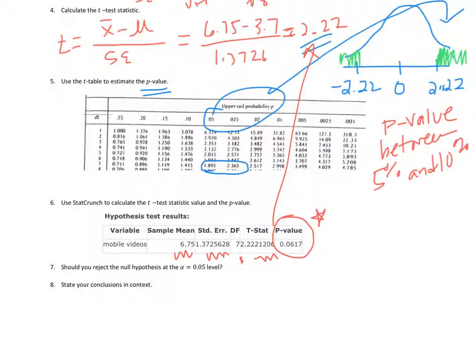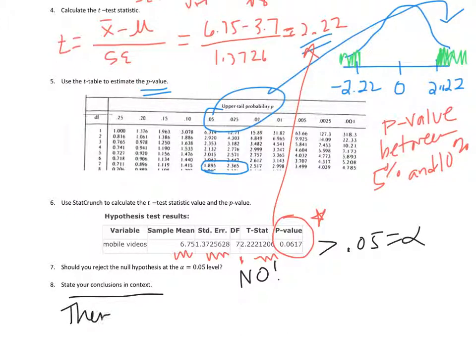Now we just want to state our conclusions. Should we reject the null hypothesis at the 5% level? Absolutely not. Your p-value is greater than your level of significance, so we do not reject the null hypothesis. Let's just do the conclusions.